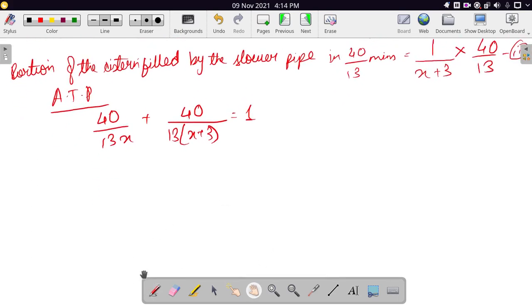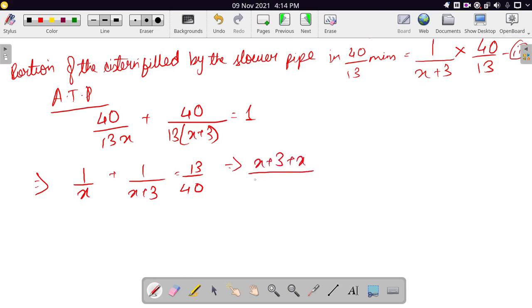Okay, now we need to solve it. We can write it as 1 by x plus 1 by x plus 3 is equal to 13 by 40. Simply cross multiplication. x plus 3 plus x by x into x plus 3 is equal to 13 by 40.